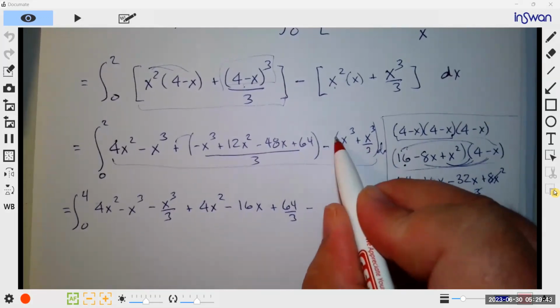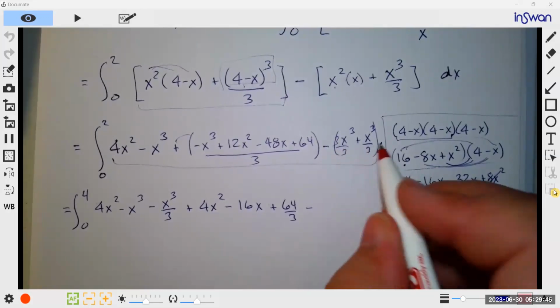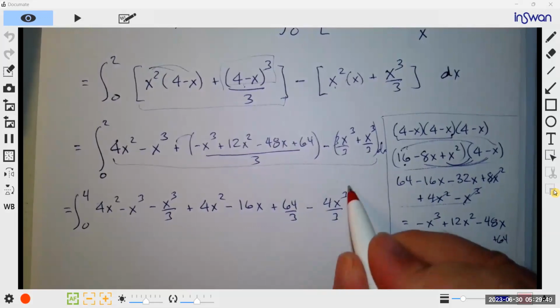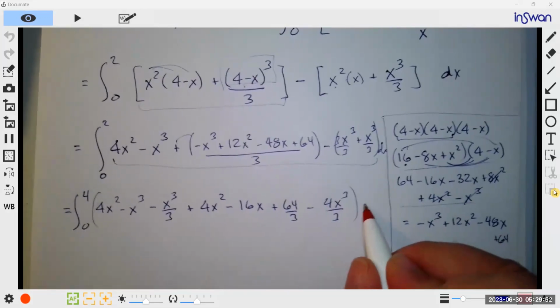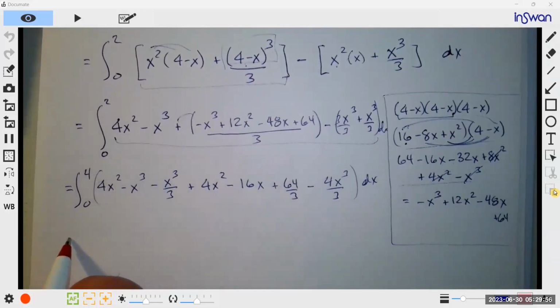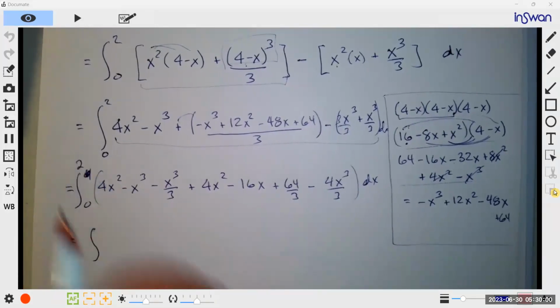We can combine these two. That's minus 4x cubed over 3. I don't want to put 4 there, it's 2.